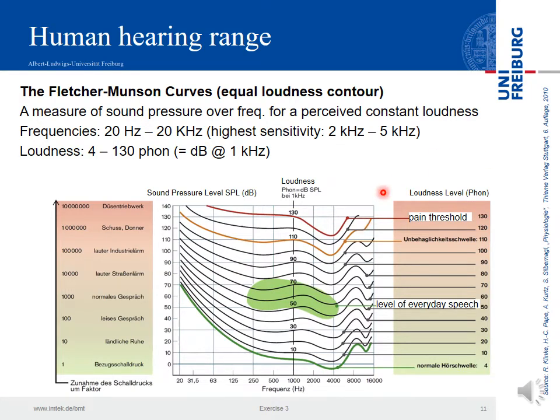Hearing range is given in sound pressure level, SPL, in decibel. And we have here a lot of curves, and the question is, what do they show us? First of all, we have a pain threshold here of about 130 dB, and we have the normal hearing threshold that is below 10 dB.